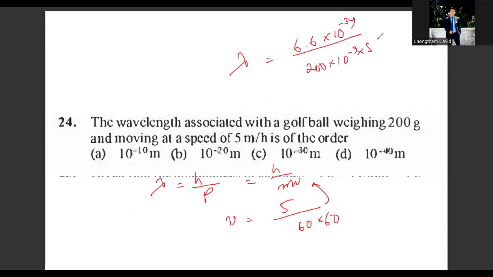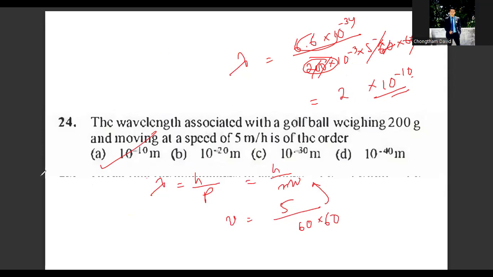Multiply this value, you should be getting the answer. And you need to convert this in terms of minute, so don't forget to multiply with 60. Okay, 3,600, cancel the 2 zeros, and 5.6. So roughly you would be getting 2 into 10 to the power minus 10. So the order would be minus 10. So option A is the answer for question number 24.